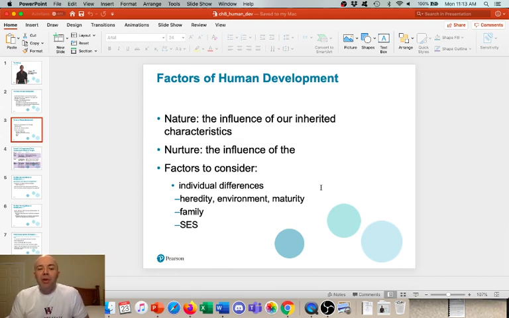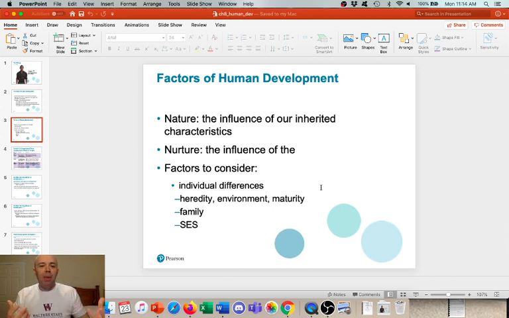All right, one major argument that you're going to be tested on is the argument of, is it nature or nurture? Is it nature, your genetics, your DNA, or is it nurture, the environment, food, the kind of interactions you have with that environment, and then the push and pull between those two things, right?